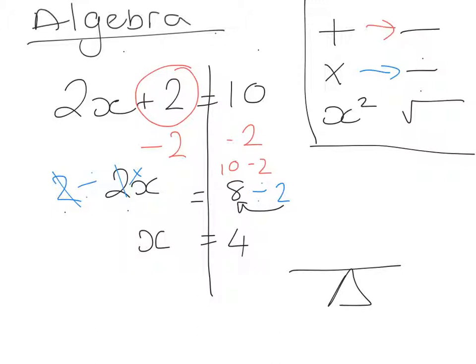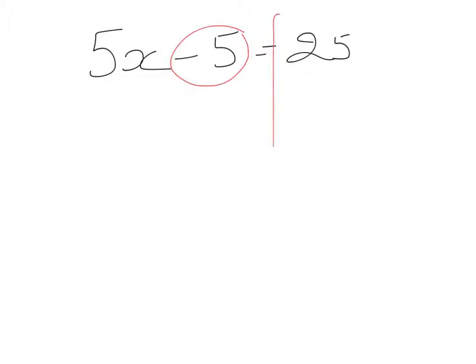So let's try another example, just because they sometimes give you lots of different ones. Let's take, for example, 5x minus 5 equals 25. Slightly bigger numbers, but still the same principle applies. The difference this time is we have minus 5 instead.